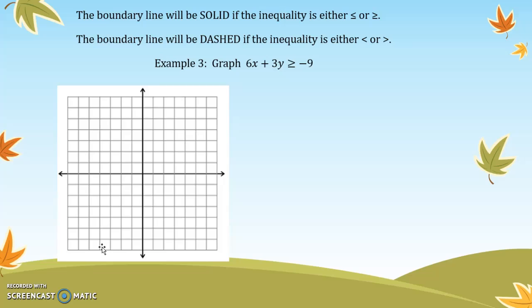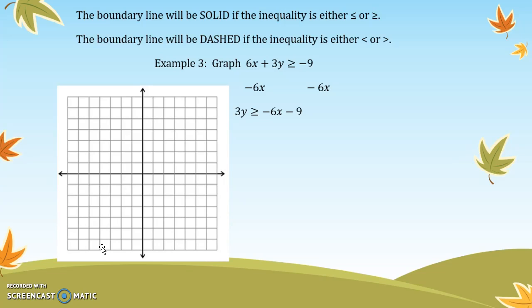Example 3, here we have 6x plus 3y is greater than or equal to negative 9. Same thing as the previous two examples, we need to get y by itself. So we're first going to subtract 6x, giving us 3y is greater than or equal to negative 6x minus 9.